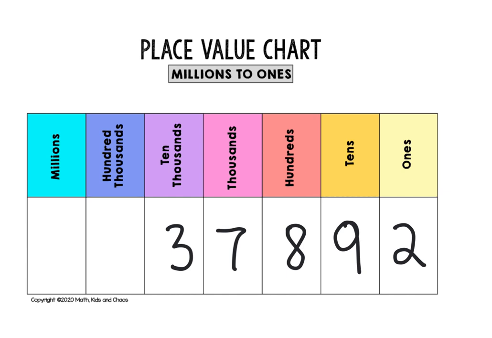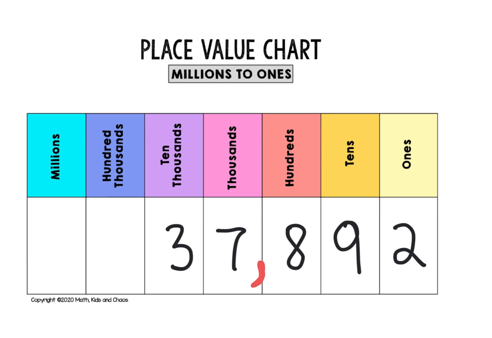And our next one, we don't have any millions or 100,000s in this one. We've got 2 ones, 9 tens, 800s, 7,000s, and 3 10,000s. So what's missing is that comma. Very important comma. After we get out of the ones period, we're going into the thousands period, which reminds us we need to have a comma.